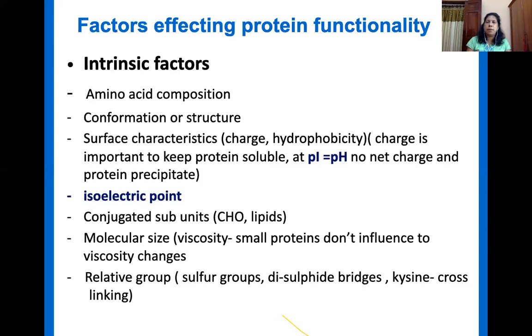So if sulfur groups are there in the side chain, definitely disulfide bridges can happen. It connects with sulfur, and H can connect with sulfur. Because of this, the texture will be changed.